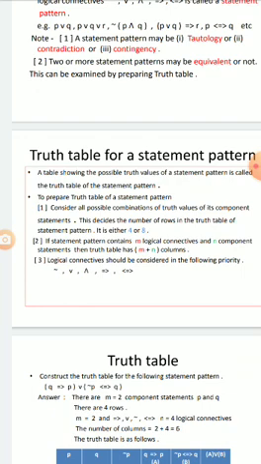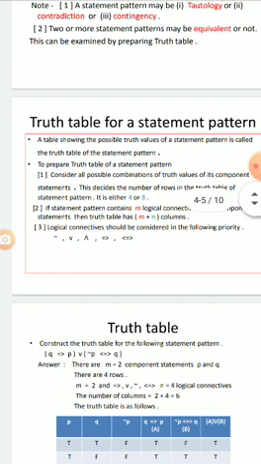So there are four possibilities, and the table will have four rows in that case. If there are three component statements, the table will have eight rows, because every component statement will have two possible values, either T or F. So total number of possibilities in this case is 2 into 2 into 2, or 2 cube is equal to 8.